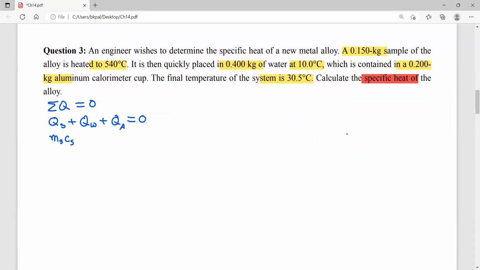C sample is what we want to know, and then delta T sample. For water, m water, c water, delta T for water. The same thing for the aluminum cup: m aluminum, c aluminum, delta T aluminum, that is equal to 0.